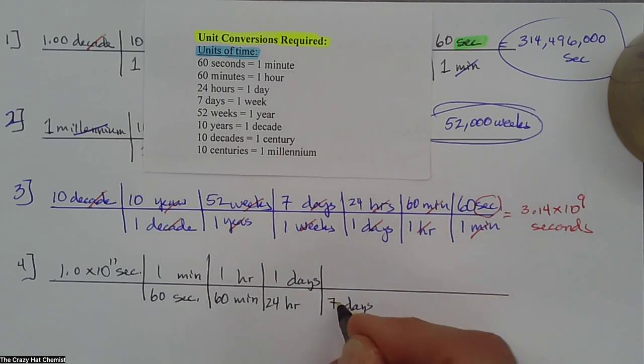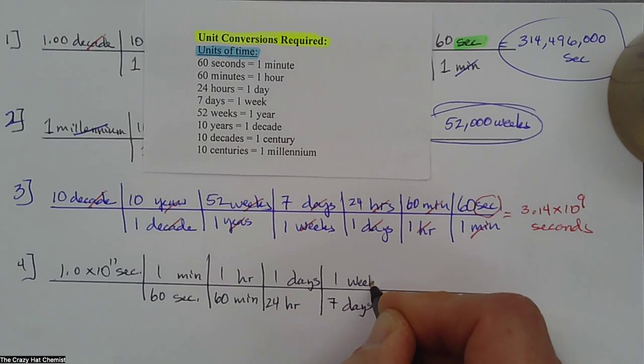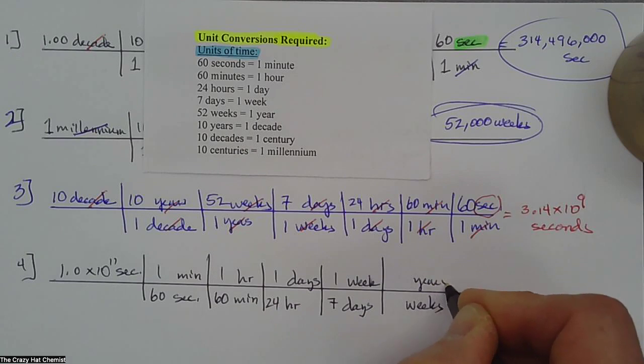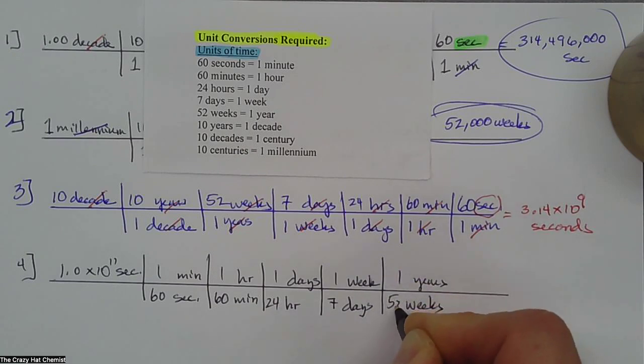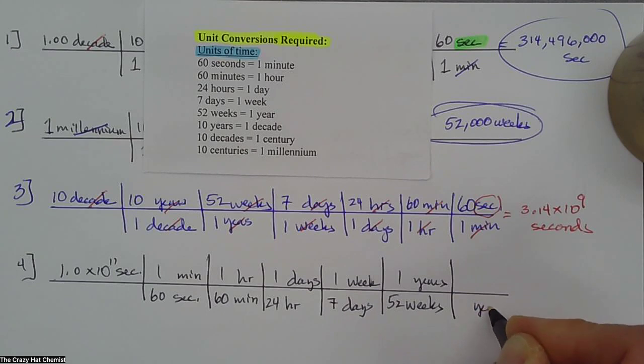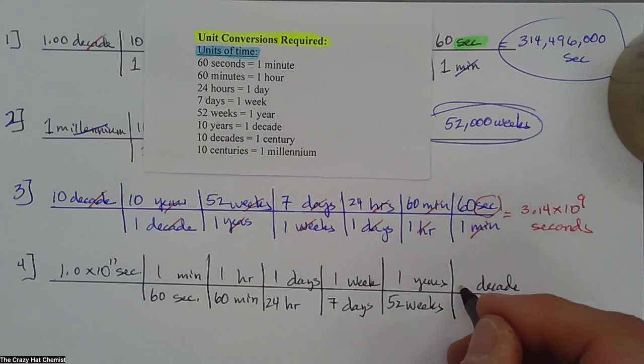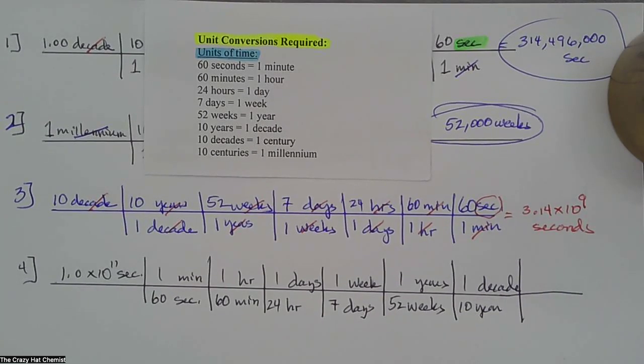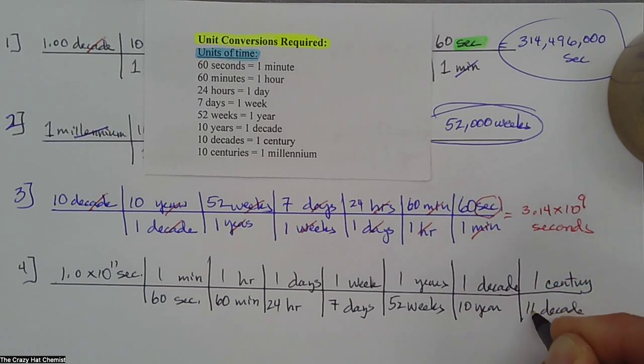So there are 7 days in 1 week. And then weeks to years. For every 1 year, there are 52 weeks. Years to decades. For every 1 decade, there are 10 years. And we got to continue this just a little bit more here. Decade to century. And for every 1 century, there are 10 decades.